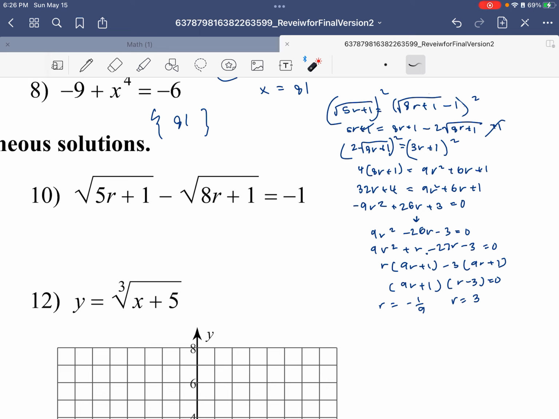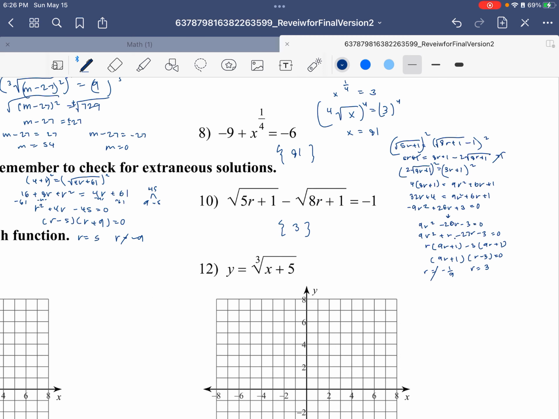So then I wrote this whole thing equal to 0, and I got r equals that, and set this equal to 0 and got r equals that. So next you have to test, and I also tested beforehand and this doesn't work, so we just have now 3 as a solution. 3 does indeed work.